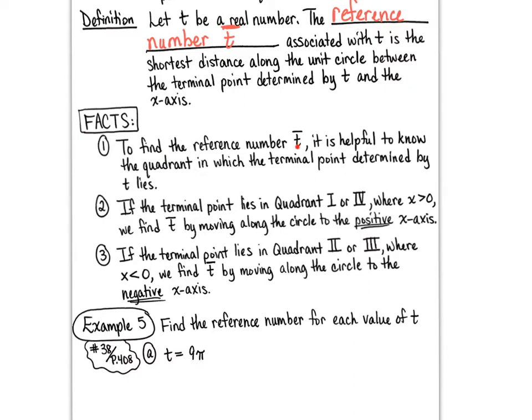To find the reference number t bar, it is helpful to know the quadrant in which the terminal point determined by t lies. 2. If the terminal point lies in quadrant 1 or quadrant 4, where x is positive, we find t bar by moving along the circle to the positive x-axis. If the terminal point lies in quadrant 2 or 3, where x is negative, we find the reference number by moving along the circle to the negative x-axis.